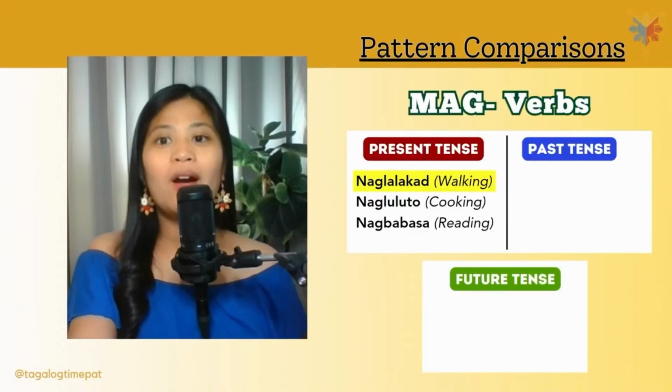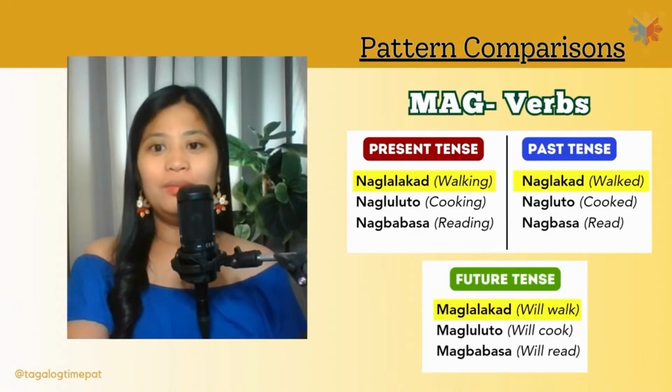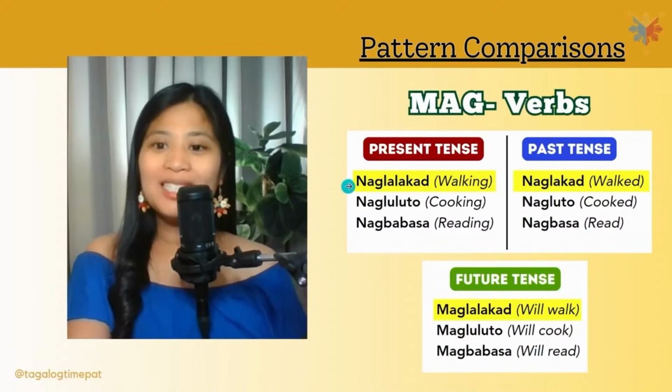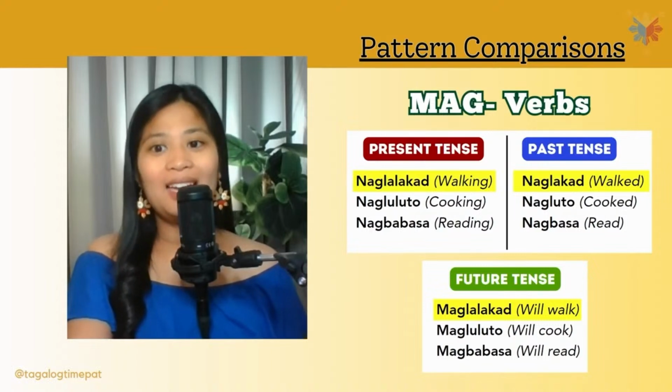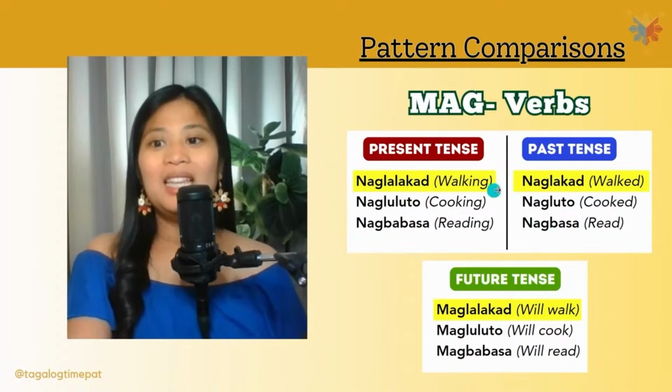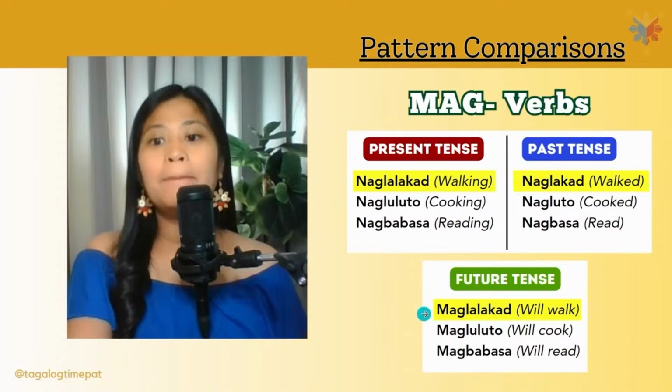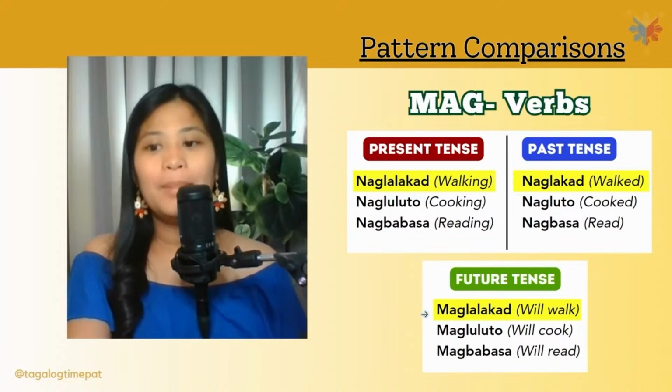So let's compare all of these tenses together, and let's take a look at the highlighted ones. In the present tense, to walk, it is naglalakad. That means walking. In the past tense, to walk is naglakad, walked. In the future tense, it's maglalakad.